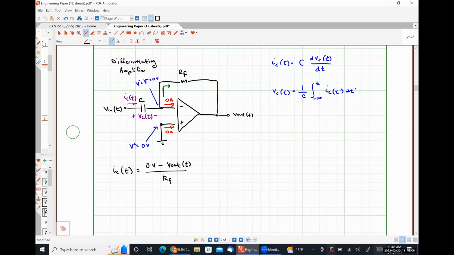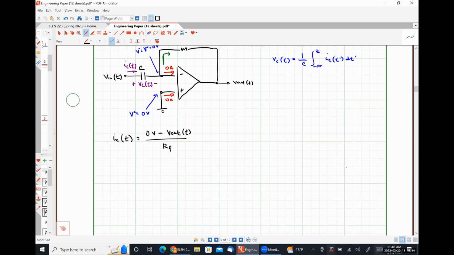So what I'm going to do now is simply substitute in this top relationship for IC, so that I will have C dV/dt will be equal to negative V out over RF.